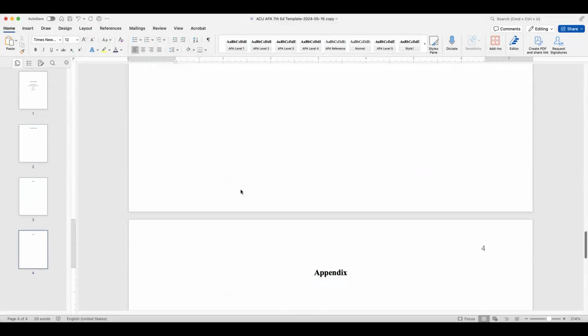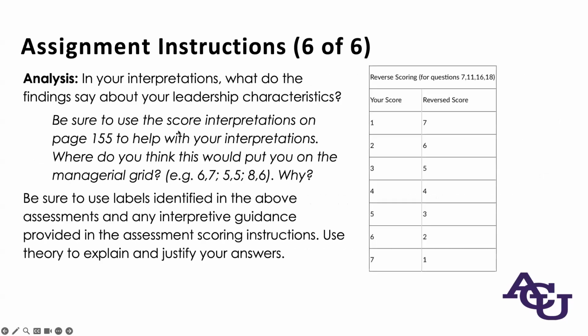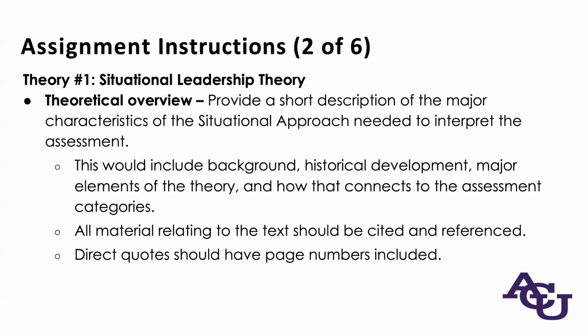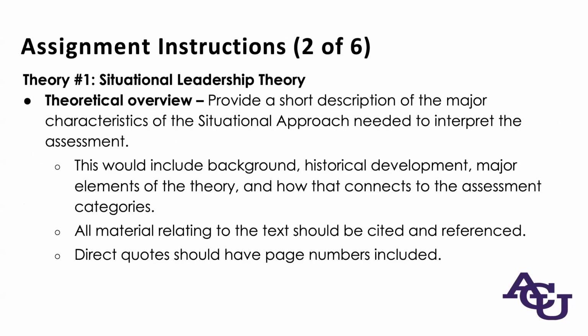All right, so back to our instructions here. We need to provide our scores in an appendix at the end. And if we skip ahead slightly, we'll see that there is this reverse scoring thing. So make sure you do that. And then our first content for the main part is going to be writing about situational leadership theory.